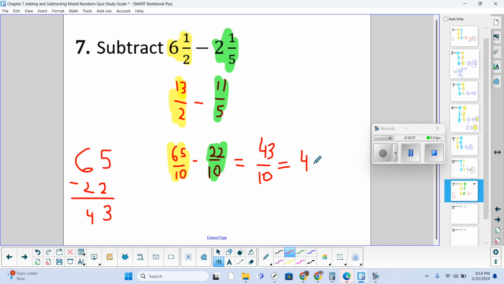So that would be 40. So my remainder is 3 over 10. 43 minus 40 is 3. So 4 and 3 remaining with 10 as the denominator. Sorry if I sounded a little confusing there. If you need, we can rewind me and look at that again.